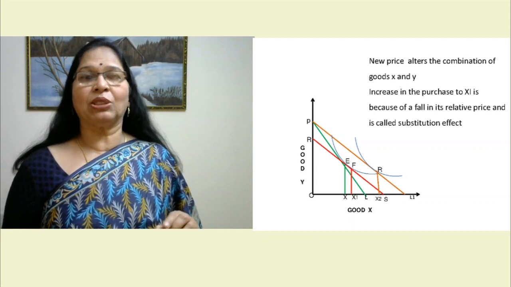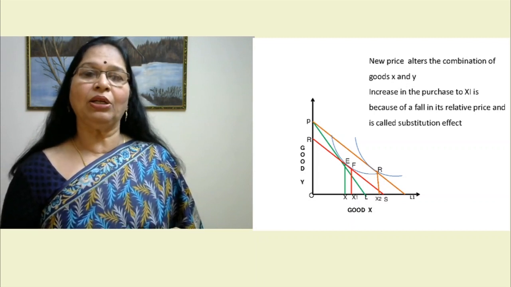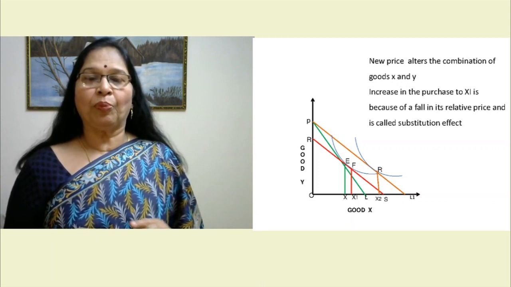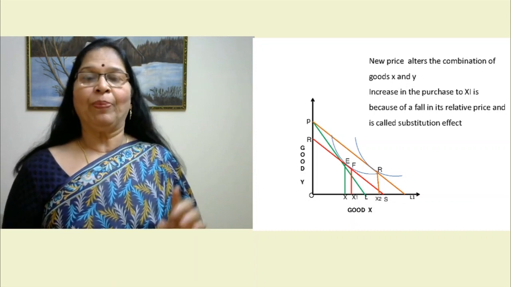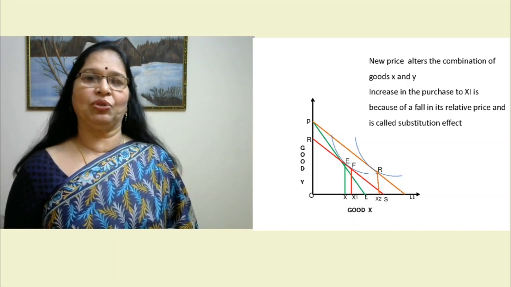So X to X1 is called the substitution effect, and X1 to X2 is known as the income effect. So the price effect can be broken down into two effects. One is called the income effect and the other one is called the substitution effect.